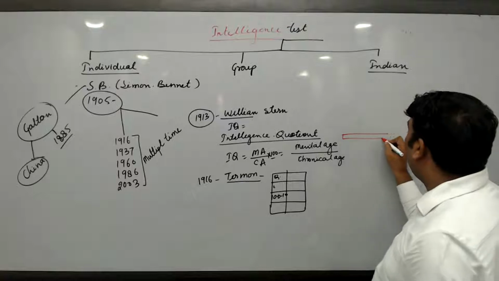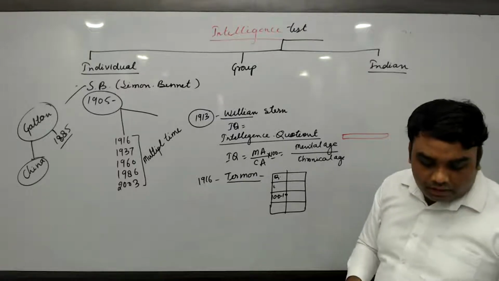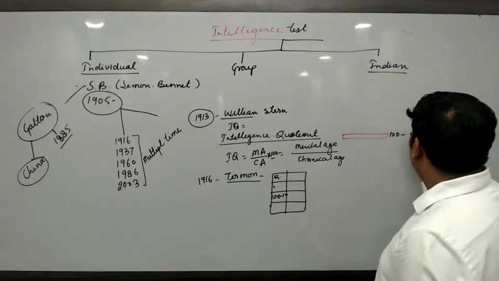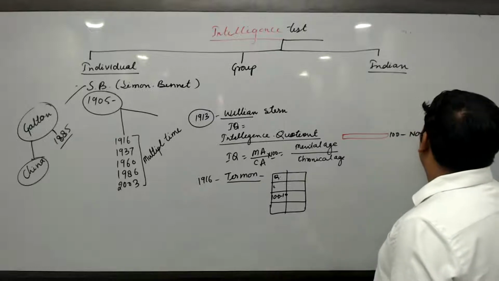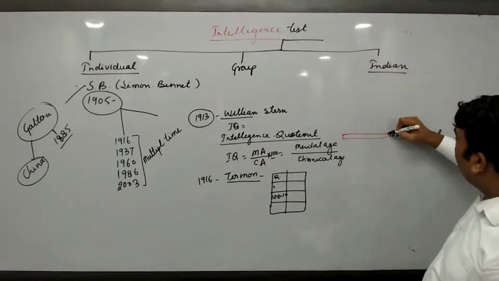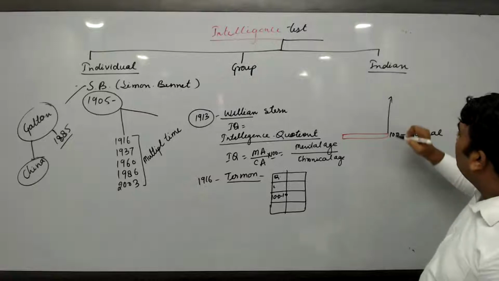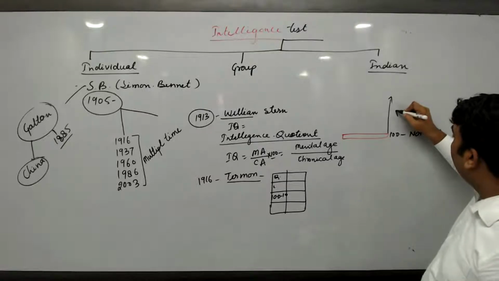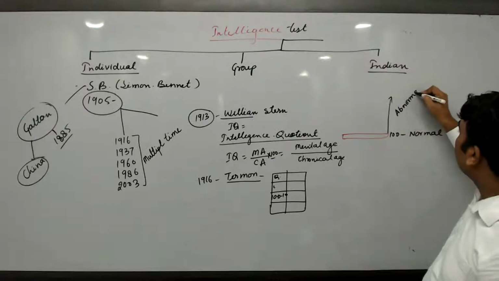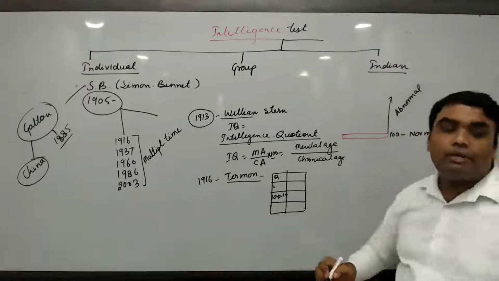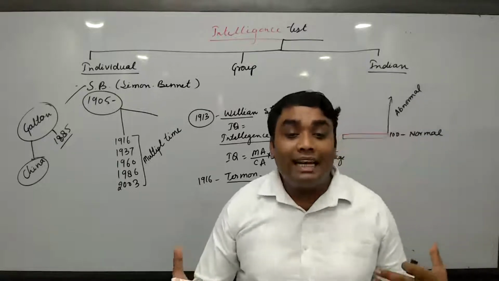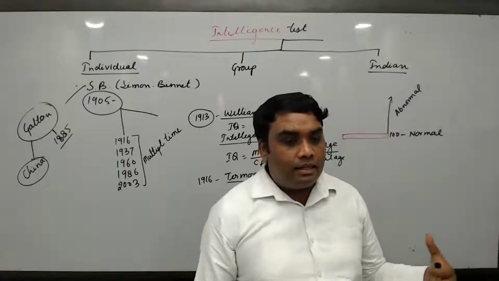Like if someone's IQ is 100, the person will be normal. And if someone's IQ is above it, that person will be considered abnormal, or we can say the person will be a genius, brilliant, intelligent.